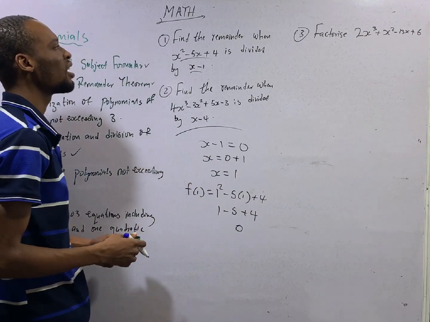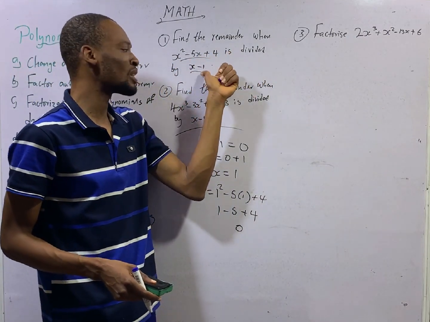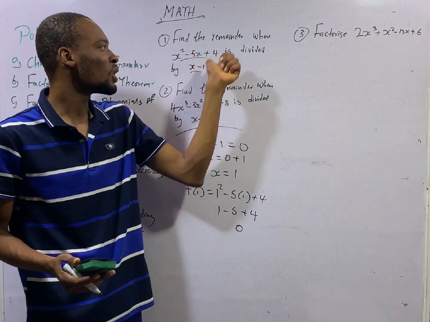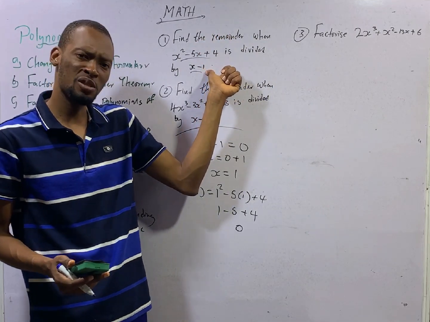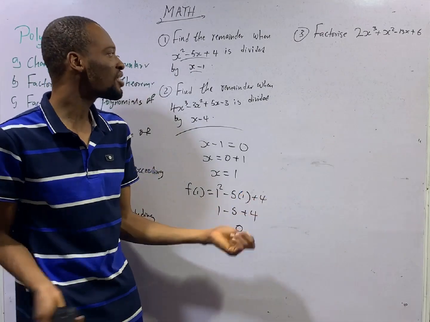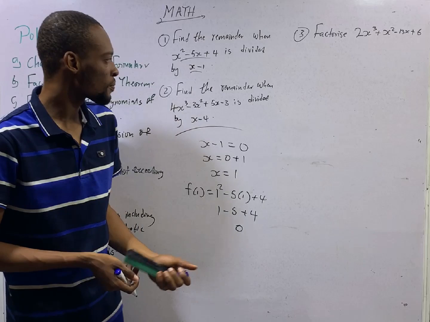So the remainder, when s squared minus 5s plus 4 is divided by s minus 1, is 0. That implies that this is a factor of this polynomial. If you divide a polynomial by a divisor and the remainder is 0, it means that the divisor is a factor of the polynomial. That is the basic concept.